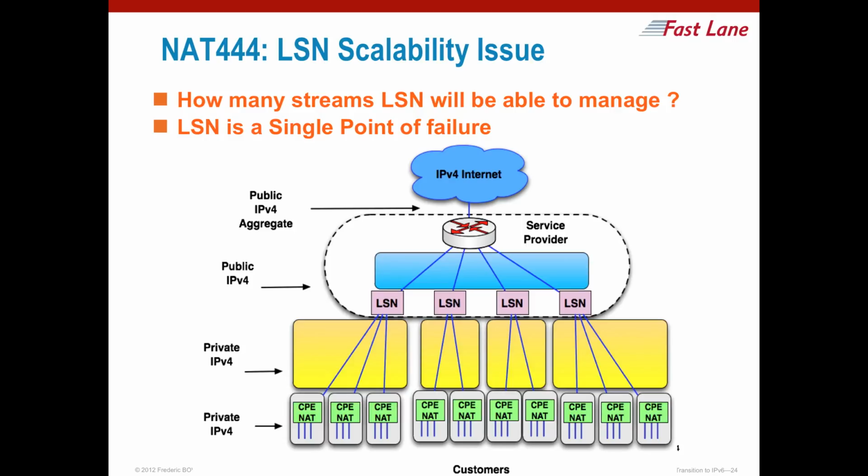So two solutions. One solution, no limits, and when the LSN box has no more memory, it is going to crash, which is no good. Other solution, you fix a limit, but when the limit is reached, there is no more service, no more access to the internet. So, not a really simple choice.